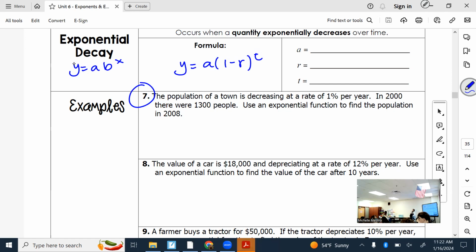What does A stand for again? Table 7? My A in the equation stands for what? Table 7, you'll tell me A. Table 2, what about R?